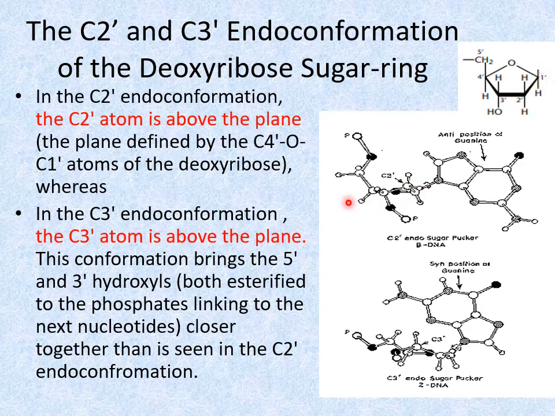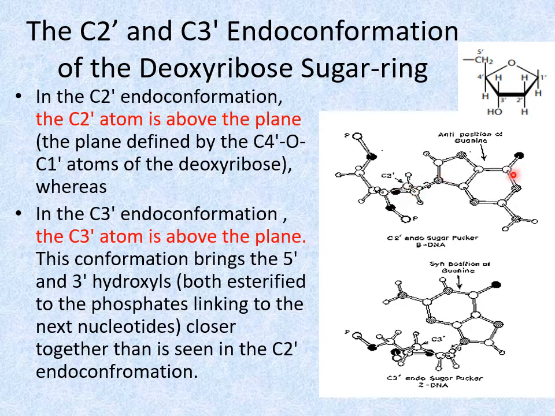So the overall orientation of these molecules, of the sugar molecule and of the nitrogen base molecule, the organic molecules in space within the molecule, is of basic importance in determining the conformation of the DNA molecule on the whole.